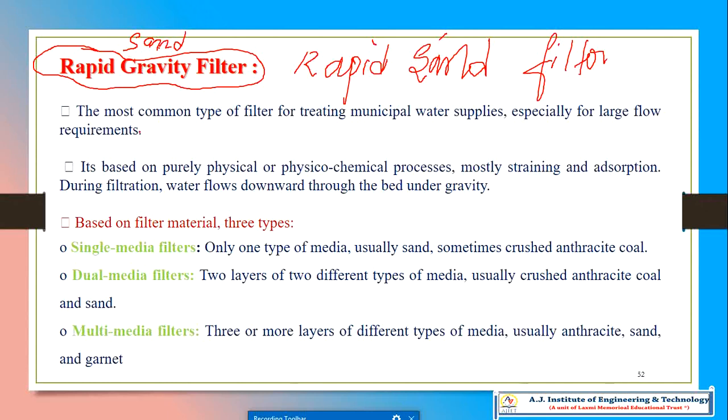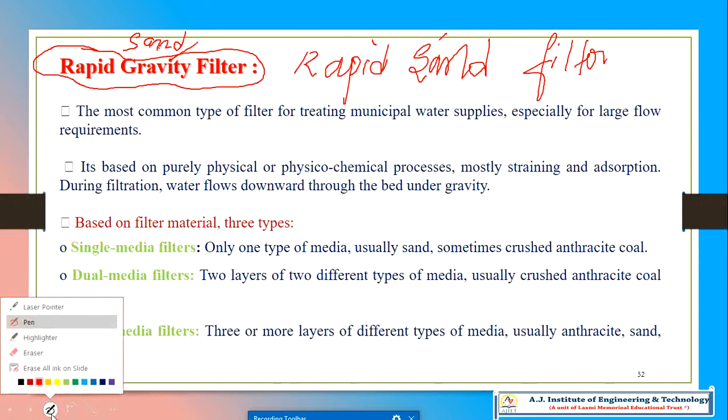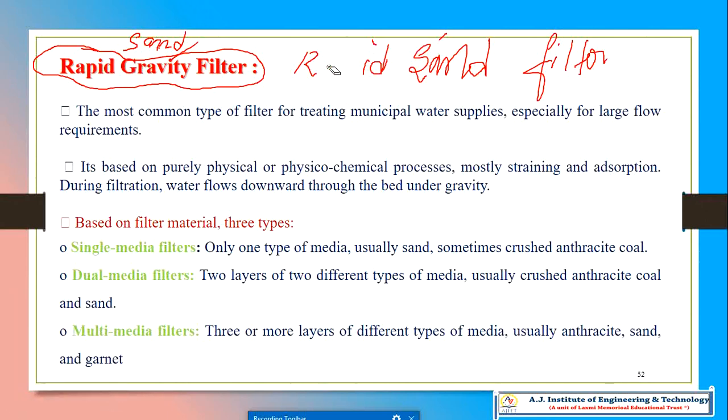Not only gravity, but sand. So that is called rapid gravity sand, rapid gravity or rapid sand filter we used to call it.